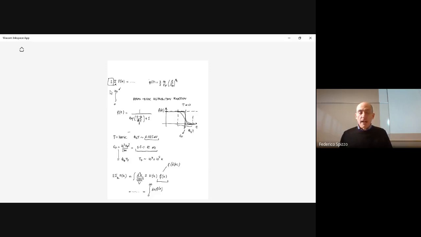So I may not fix a precise value for the modulus of k. I just include in the integral the Fermi-Dirac function, which is the weight that tells me how many occupied levels I have for a fixed value of k. So this allows me to count all the possible electrons that occupy levels within the system.